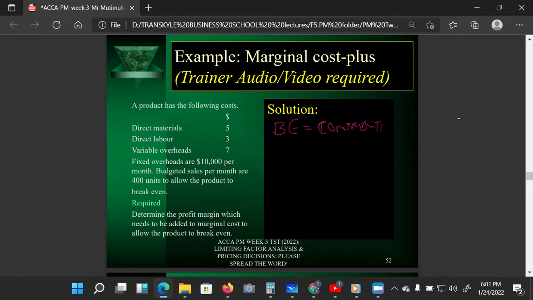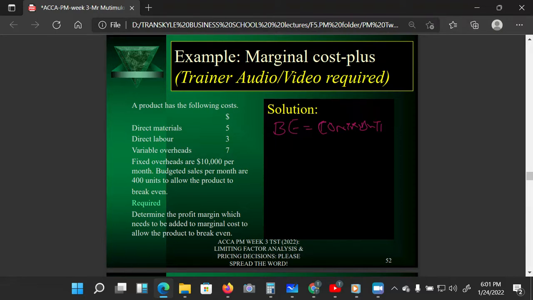However, in marginal cost plus, the accountant would be excluding the fixed costs because they say that fixed costs are irrelevant for managerial decisions. Why? Because at the end of the day, the manager has no control over them. They always have to be met, whether we do any production or not.